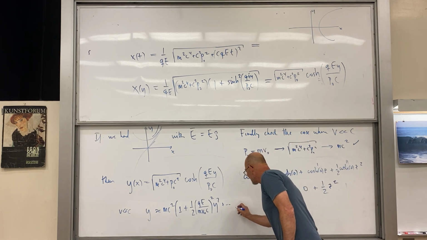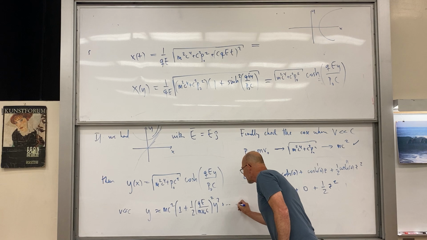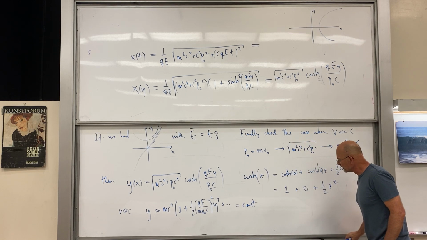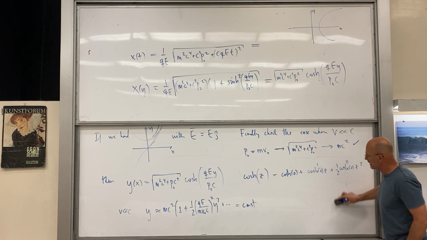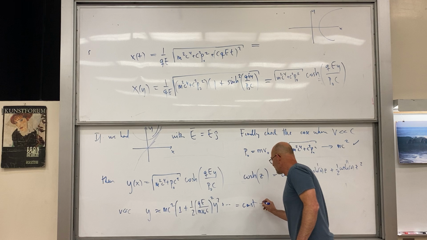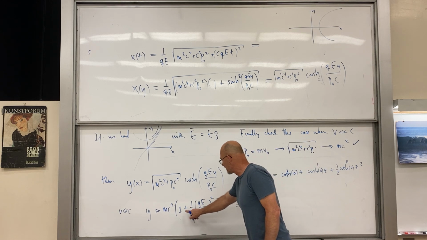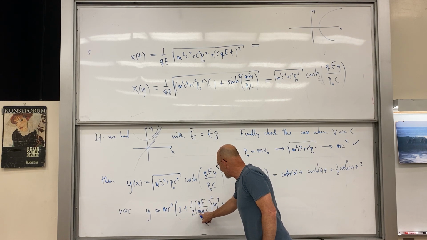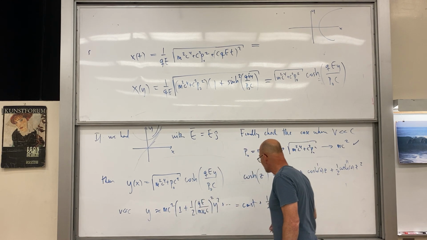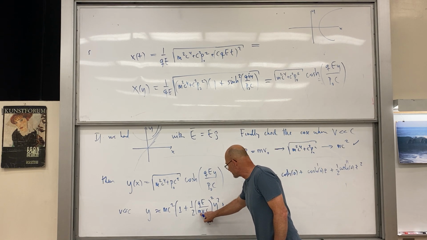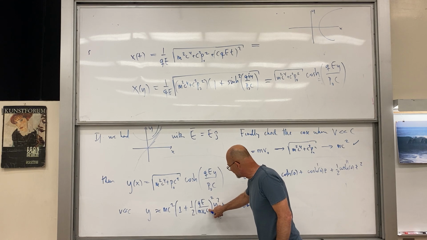So what is that going to be? That's going to be equal to a constant that we're going to ignore. Also, we're going to ignore the plus 1/2. We've got an m c squared, so we're going to cancel the m and the c.